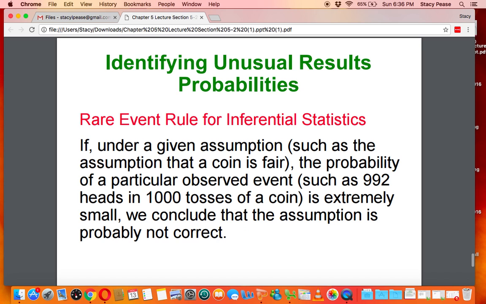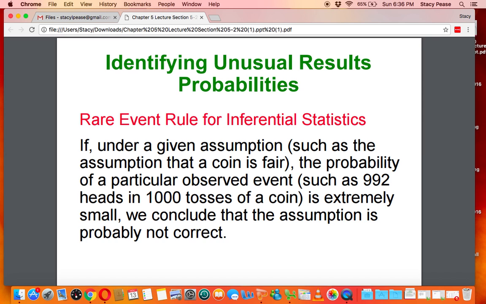Okay. You can use probability to identify unusual results. So basically, sometimes in probability, if the results that you get are so out of line with what you know to be realistic, given the probabilities involved, you must question the assumptions that you went into the problem with.